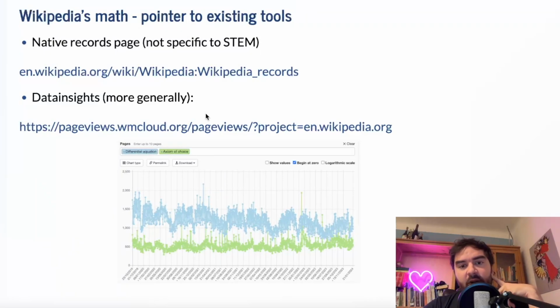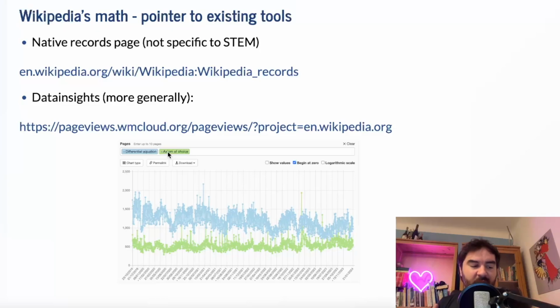I want to point out that there is also Wikipedia records, like a stats Wikipedia page in itself. You can visit this and you see longest articles and so on and so forth. It's not STEM or math specific. And there's also a cool page where you can actually see the views, I think even per week or per day, where you can go there and say, in this case, search for differential equations or axiom of choice, and then you see how often they are viewed.